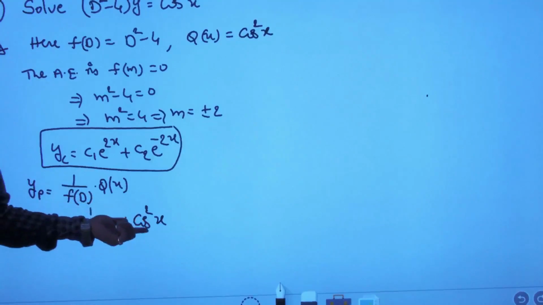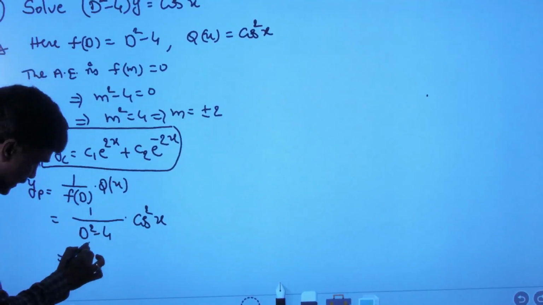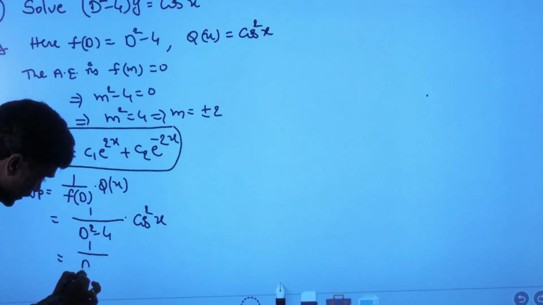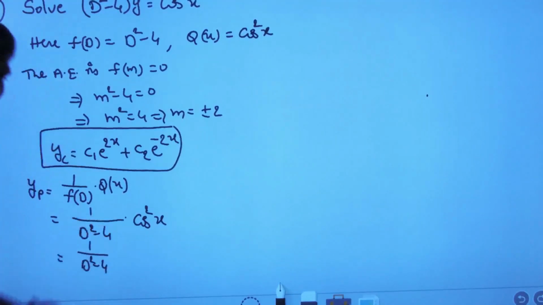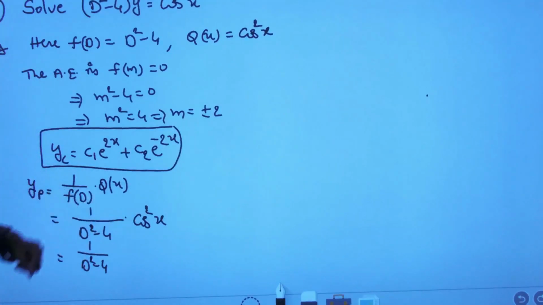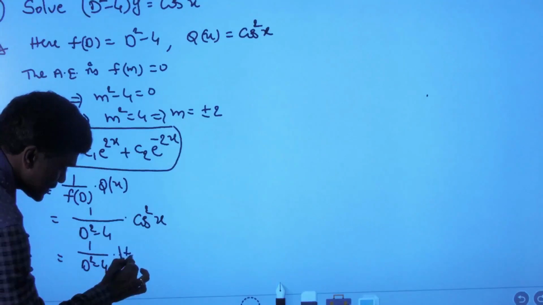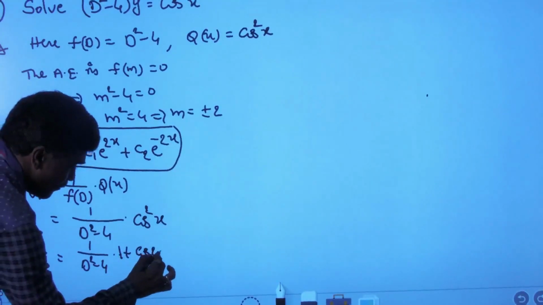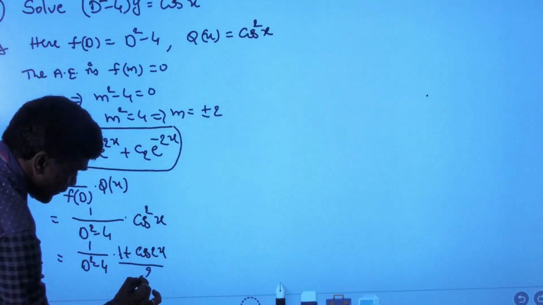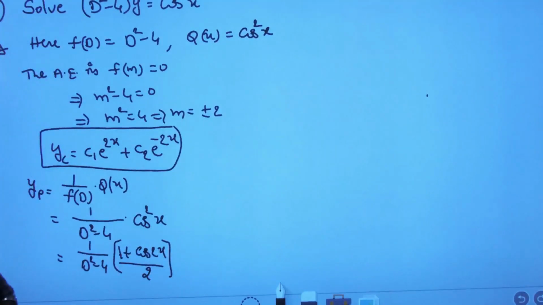When we get cos square x or sin square x, it has to be written in the form of cos ax or sin ax. Cos square x can be written as 1 plus cos 2x by 2. In place of cos square x we write 1 plus cos 2x by 2.